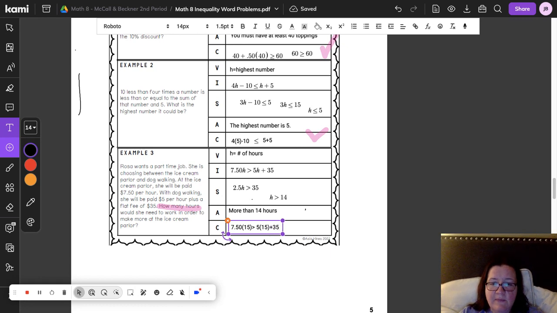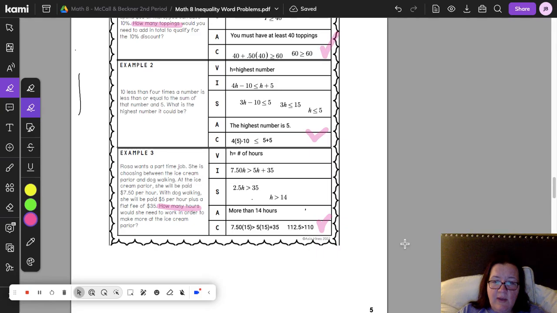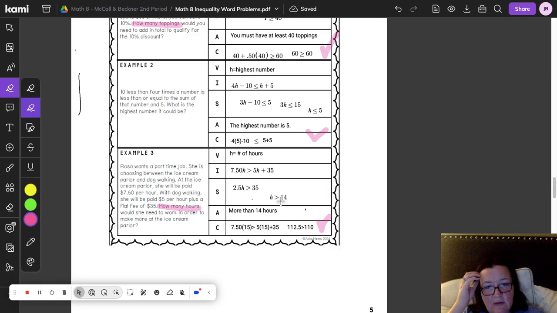All right, let's plug it in. 7.5 times 15 is 112.5. And then the other side, 5 times 15 plus 35 is 110. So 112.5 is greater than 110. That checks. Okay. So your answer here is H is greater than 14.